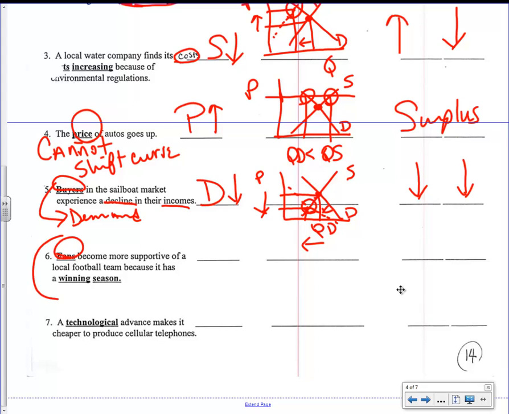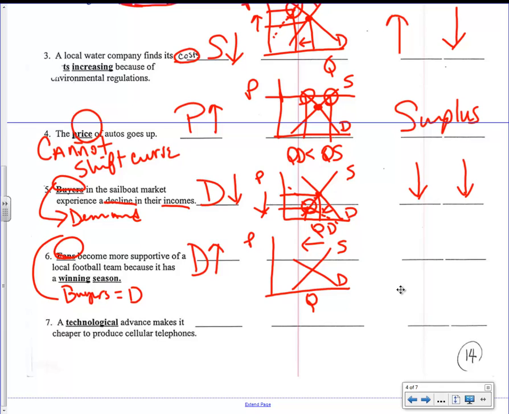Fans. Fans means buyers equals demand. Fans become more supportive of a football team because it's winning. Demand for those season tickets is rising. Supply, demand, price, quantity.